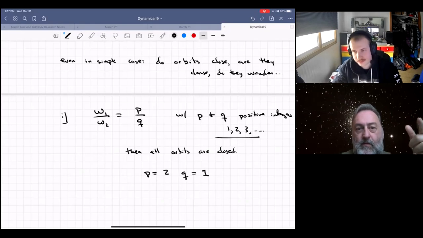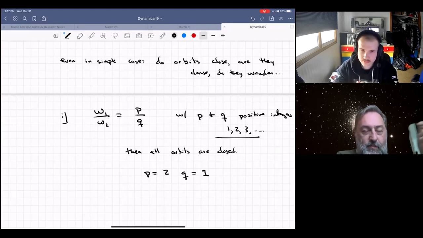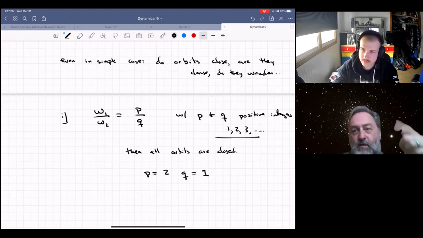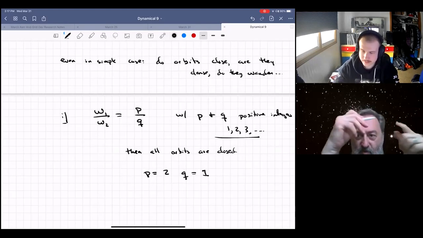Right, because P was basically omega 1. So omega 1 is running faster. It's going to run through one of them faster than the other. Twice as fast, but it's going to close up.